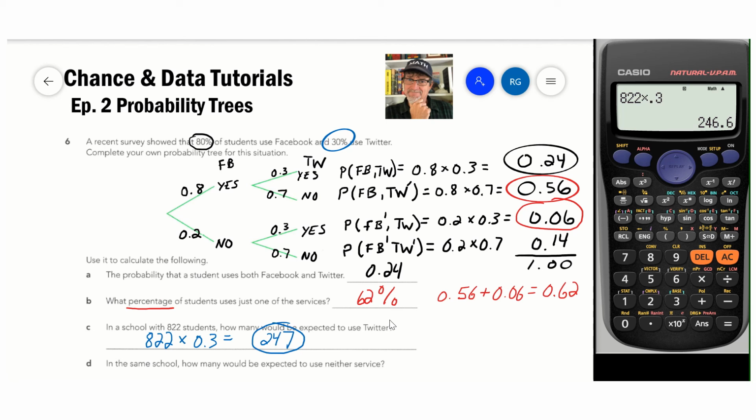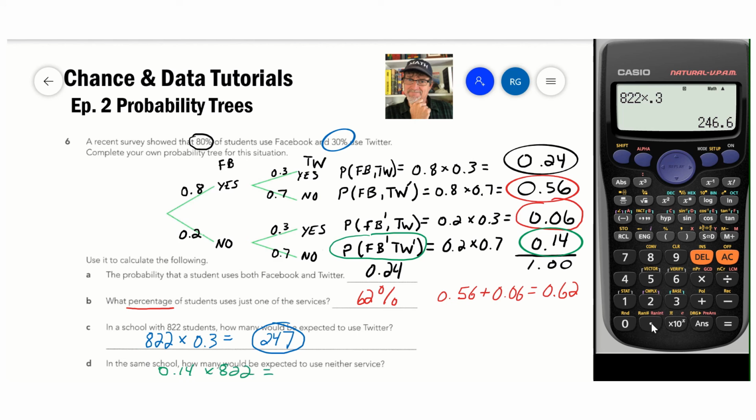D. In the same school, how many would be expected to use neither service? Neither service is represented by this notation right here: no to Facebook and no to Twitter. And the corresponding probability is 0.14. So we've got to take 0.14 and multiply by the 822.